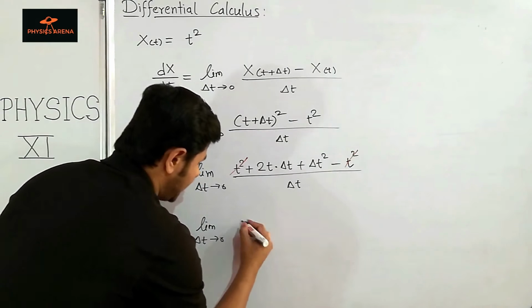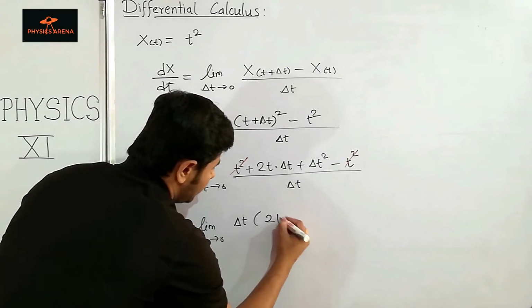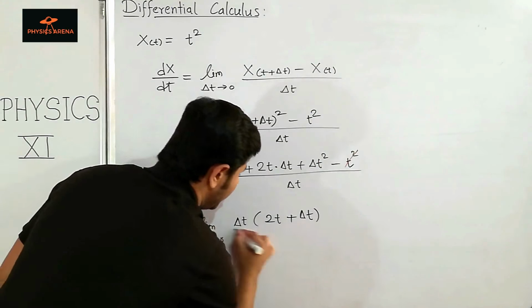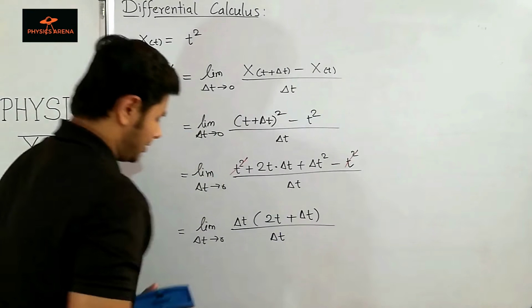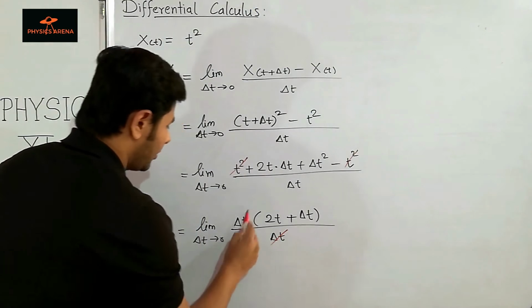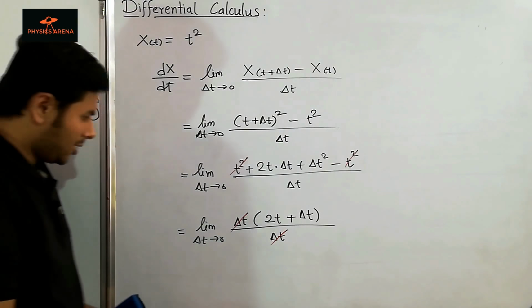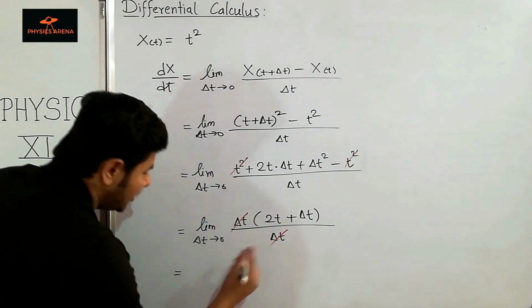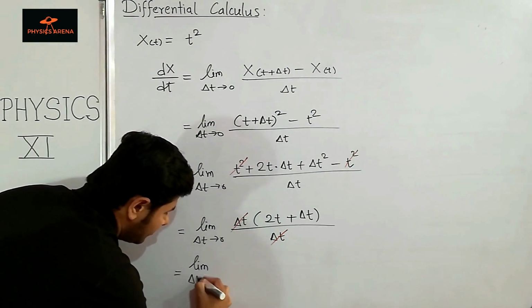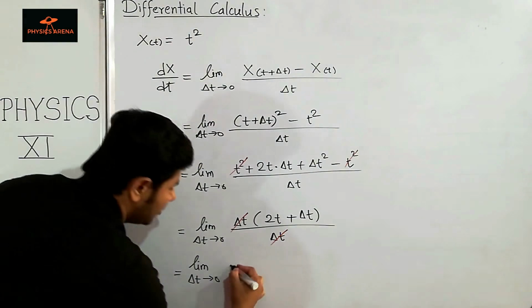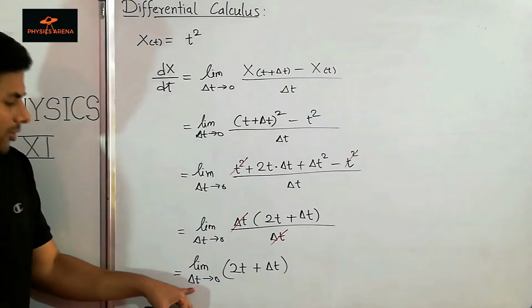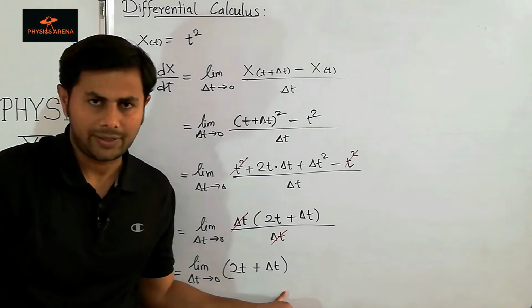This delta t gets cancelled, and then we have limit delta t tends to 0 of 2t plus delta t.